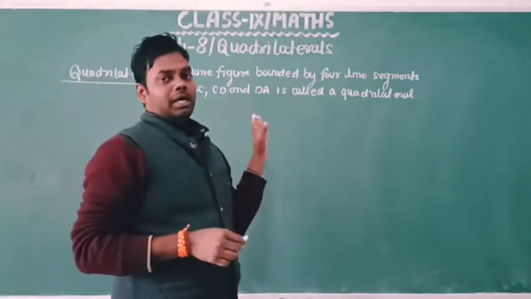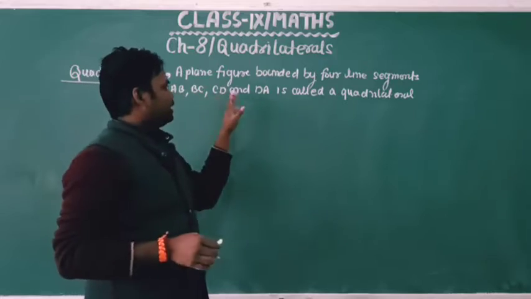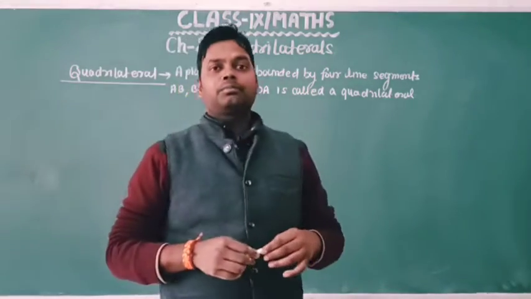So this is the definition of the quadrilateral. Any plane figure bounded by four line segments AB, BC, CD and DA is called a quadrilateral.